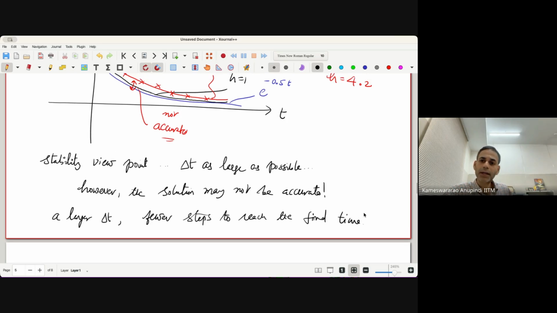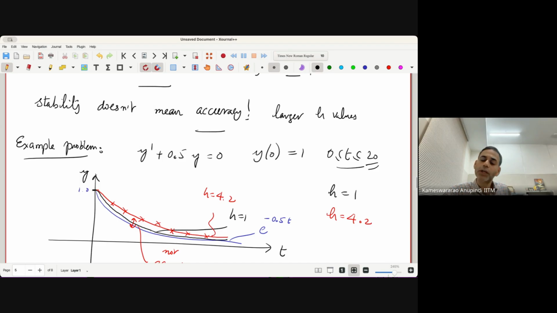That means if I take a larger delta t, I can reach this t of 20 in fewer steps. If I take fewer steps, I'm doing fewer computations, so my solution is obtained quickly, right? But if I take smaller and smaller delta t to get to time 20, I need many more steps, which will consume time, right? For example, if I take delta t equals 1, in 20 time steps I can solve this problem.